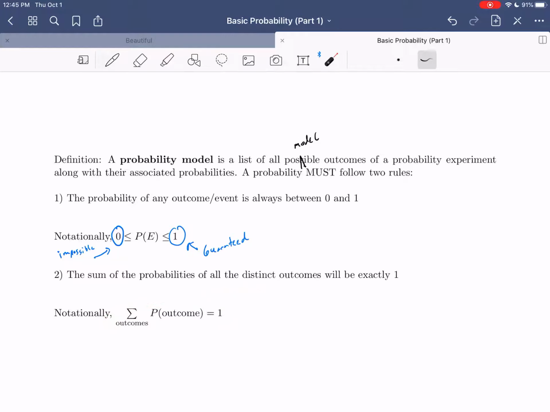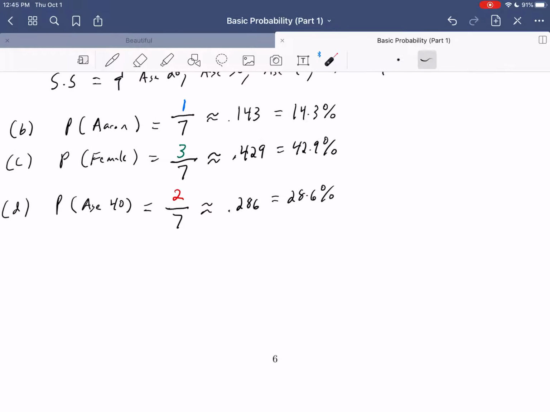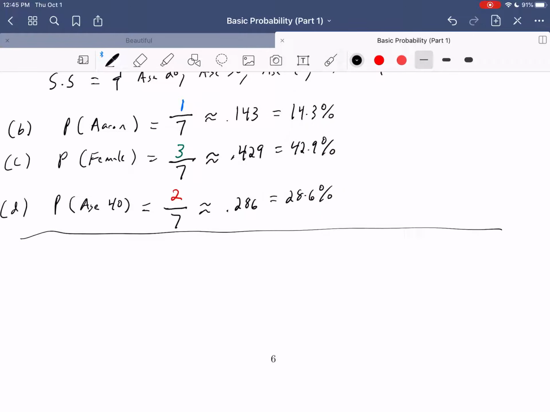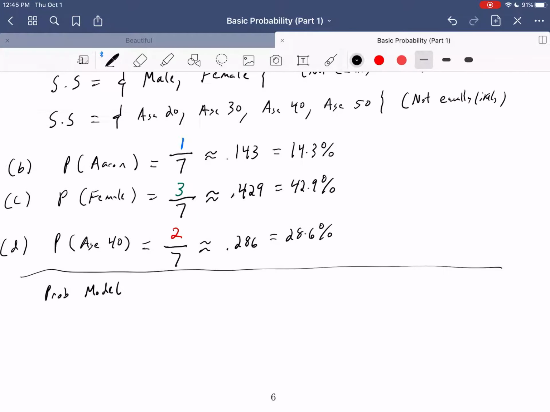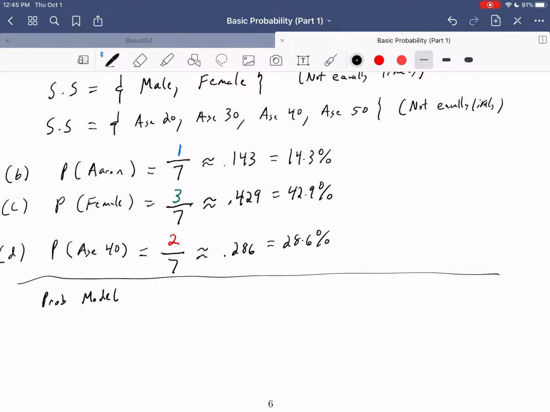Okay. So let's go back real quick and build a couple probability models for those other 2 ways of viewing the sample space. One way to do a probability model, if we based it on this viewing of the sample space, is that we could say that the outcome for choosing a person from this room is that they either are male or female.